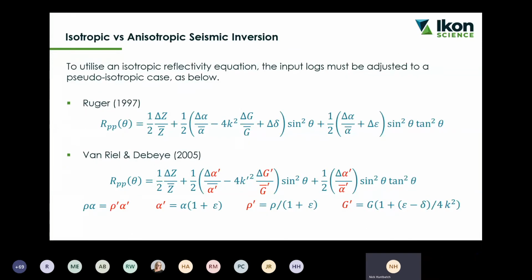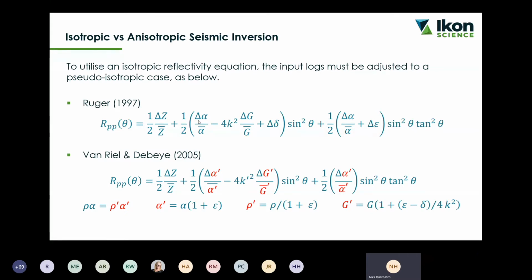This is the idea of using these pseudo-isotropic properties. You'll see there in the first reflectivity equation is the Rüger equation, which basically is an extension of Aki-Richards to account for anisotropy, and it does that by incorporating the Thomsen parameters that we discussed at the beginning.